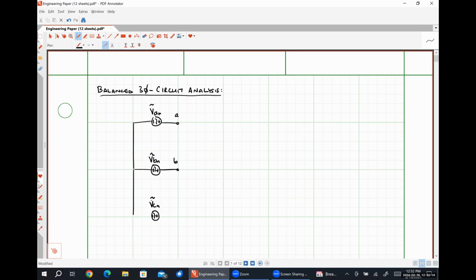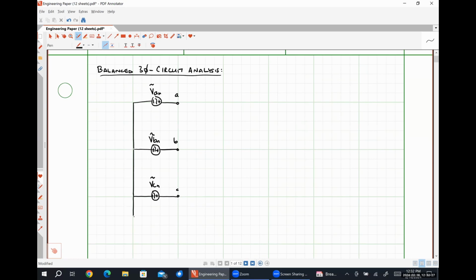VCN, my C phase terminal, and I am explicitly going to include a neutral conductor in this system as well. So here is my neutral terminal.